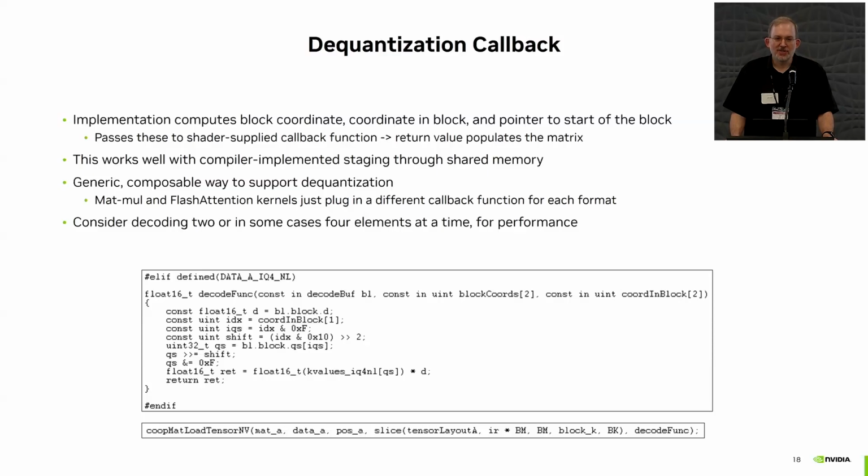So if we ever standardize this, make an ext or something, that's something I would want to add. In the meantime, there's a workaround where you can write the function as if it's decoding 2 or 4 elements, and the compiler is going to invoke it for the neighboring elements. And if it can, it's going to inline and comment out the code, and you get most of the benefit. So it's still pretty efficient.